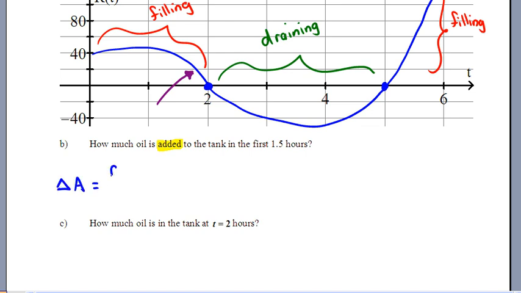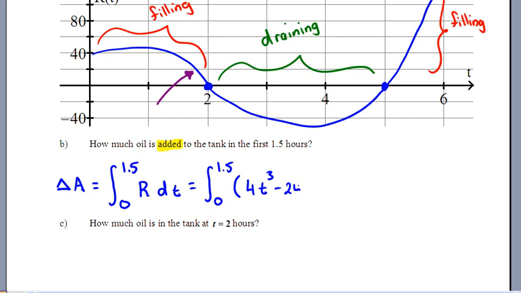All I have to do is integrate from this time of 0 at the beginning to 1.5 hours at the end, and I'm just going to integrate the rate dt. So I would be integrating 0 to 1.5, and I'll just take this rate, right? It's right up there at the top of the page. 4t cubed minus 24 t squared plus 12t plus 40 dt.